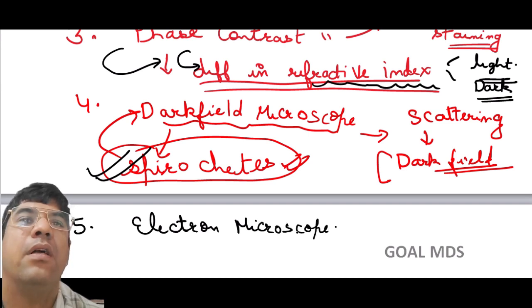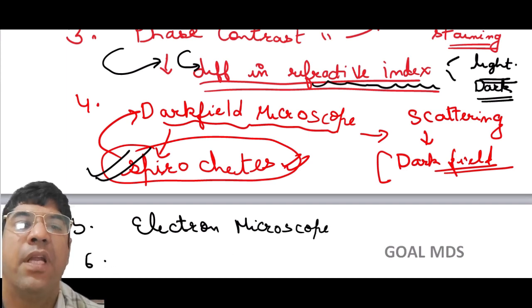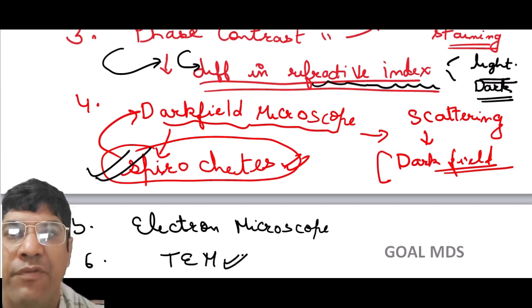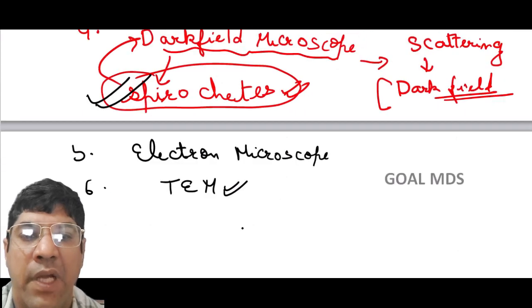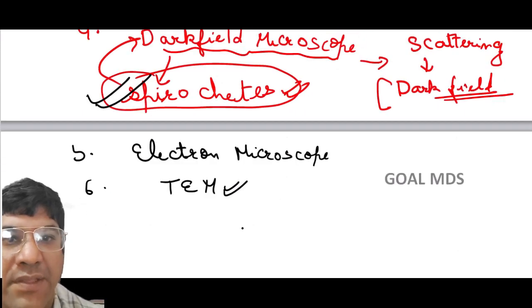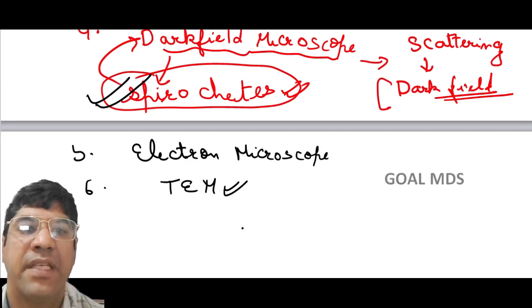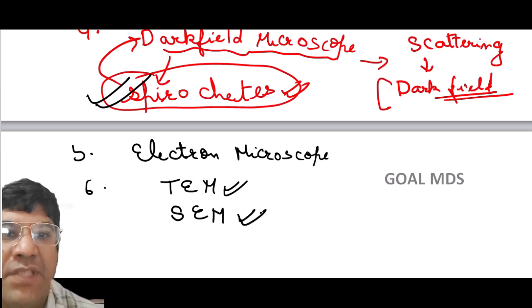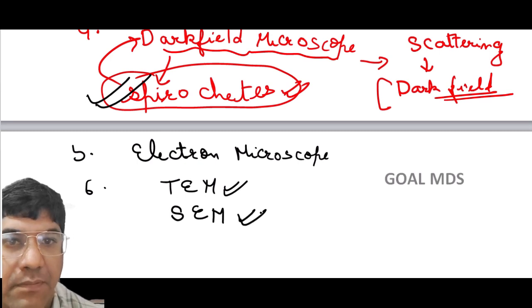Other is transmission electron microscope. It is used for high resolution imaging of the internal structure of microorganisms. Other is scanning electron microscope that allows for visualization of the 3D structures with the depth of field.